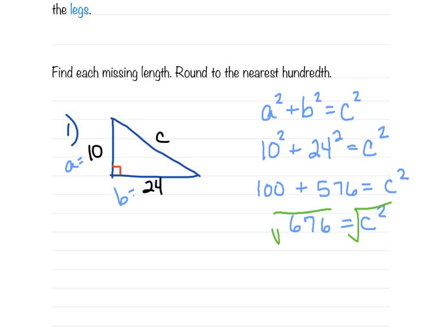And so the square root of 676 happens to be an even 26. Because we're talking about the measure of the side of a triangle, we're only going to consider the positive root of 676. Okay, so in this case we didn't have to round to the nearest hundredth, but in the case that we have a decimal, we'll always round to the nearest hundredth.